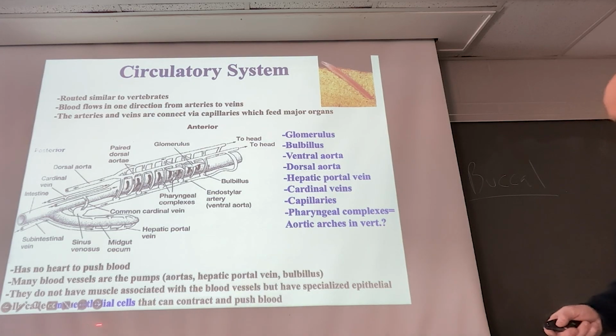And I know it's hard to see there, but that word there is myoepithelial cells. So there are myoepithelial cells that line each bulbulus, and there are myoepithelial cells that line the sinus venosus. These are contractile epithelial cells. They're not muscle cells like you find in the heart, but they are cells that can contract and relax, contract and relax. So you kind of have like multiple hearts, if you will, right?